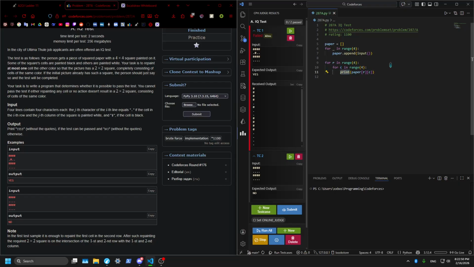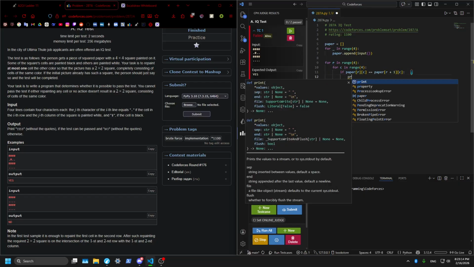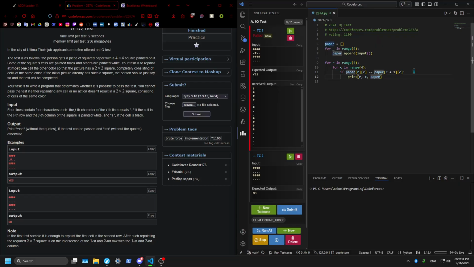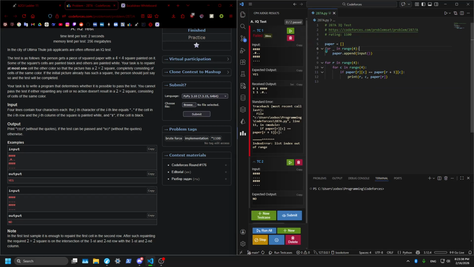So if paper[row][column] equals paper[row + 1][column], print... index out of range.